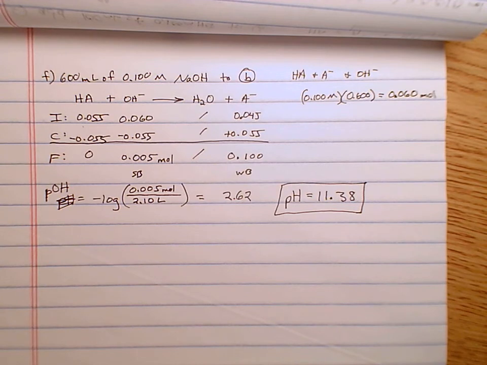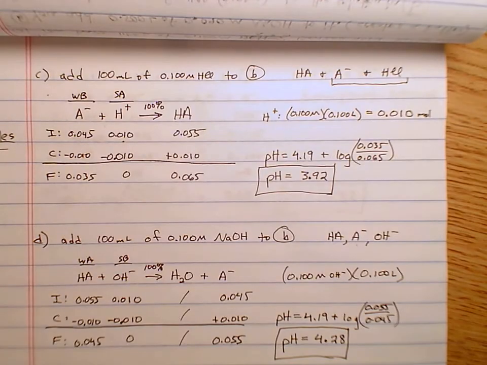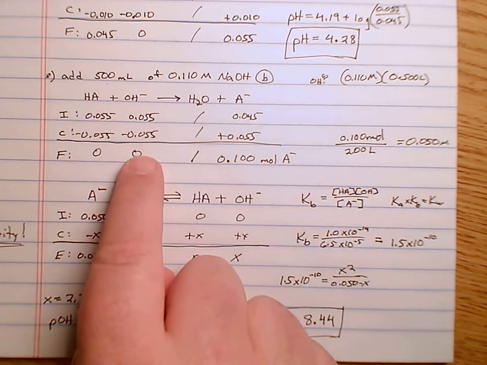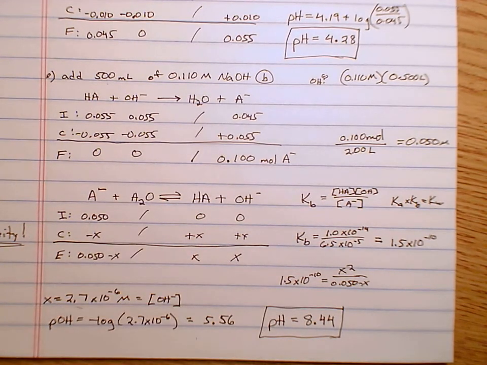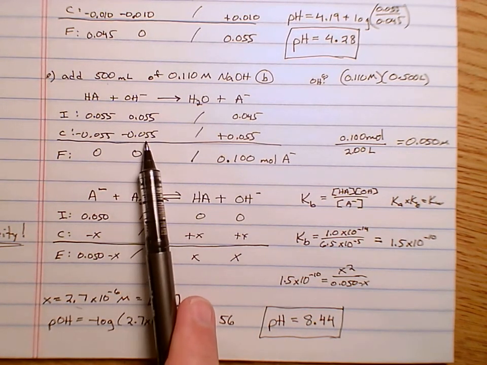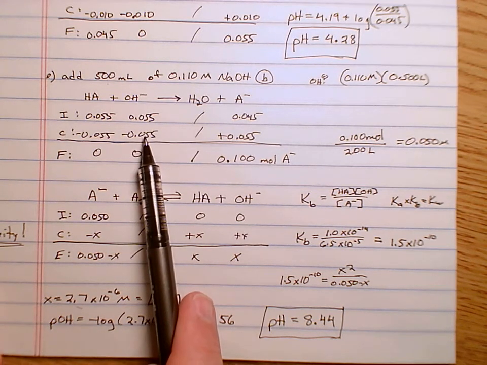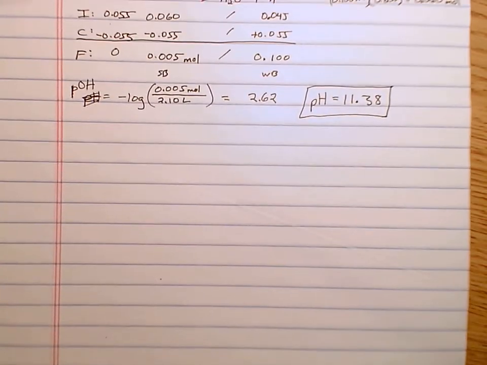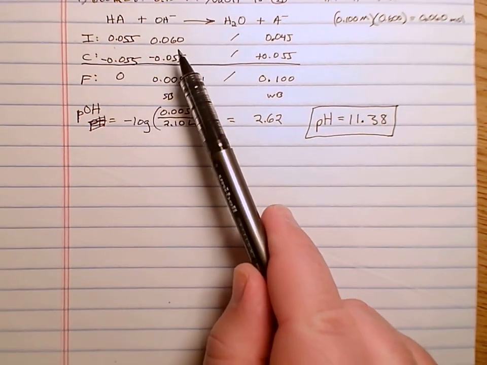Okay. Something I want to note about this last little bit. When we looked at part E, we had 0.055 moles of OH minus, and the pH turned out to be 8.44. When we go to part F, we go to 0.06.